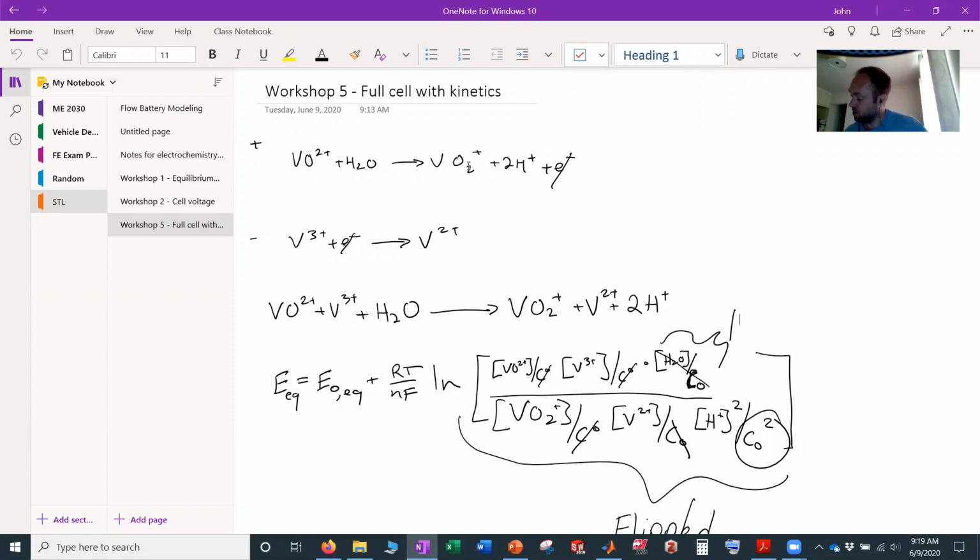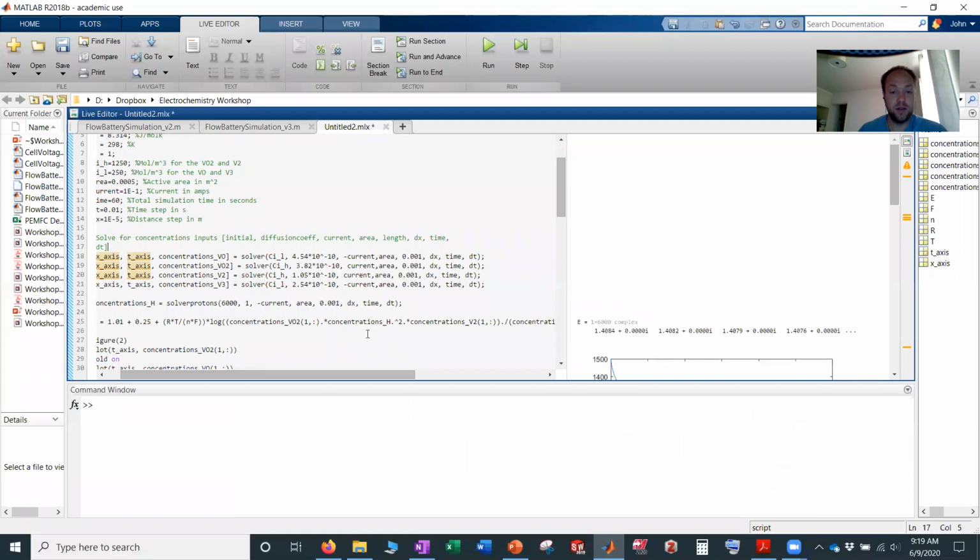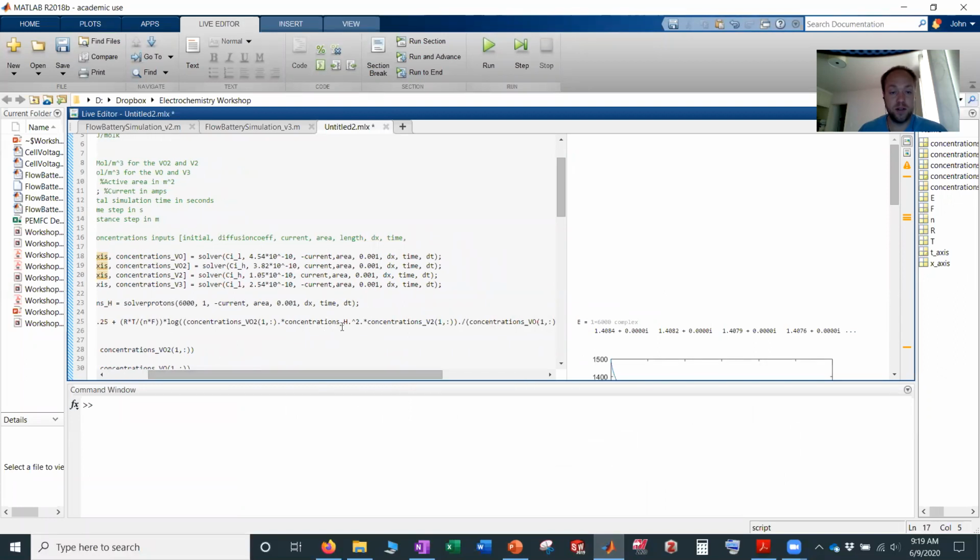Because these are for during discharge, these are actually products, and these are the reactants. Okay, so you flip those, so 1 over. So everything should look right in your code. You have log VO2, and you have this concentration of protons squared.